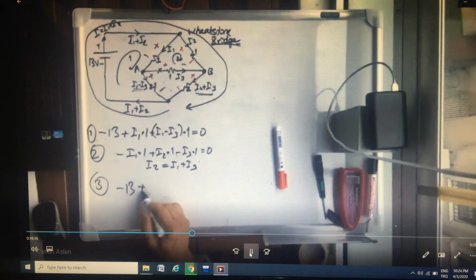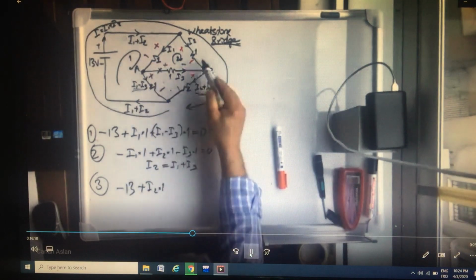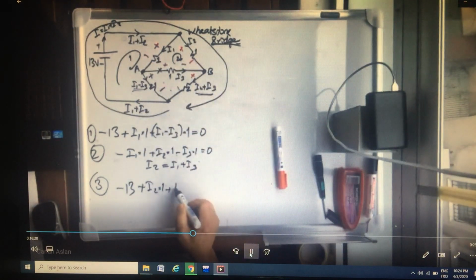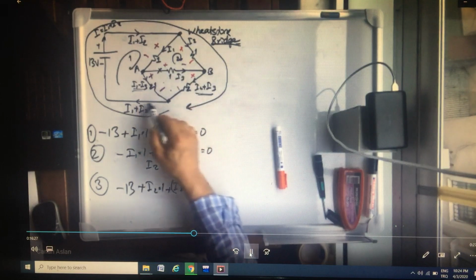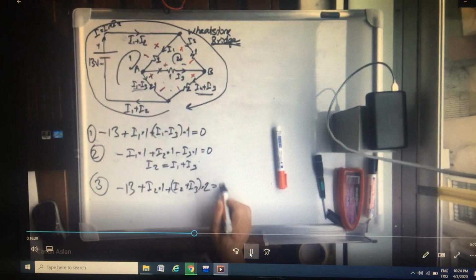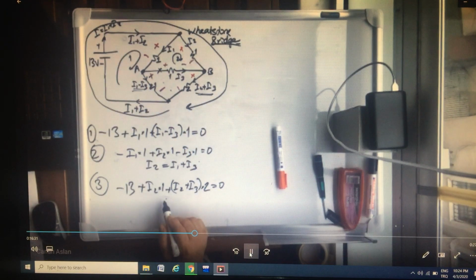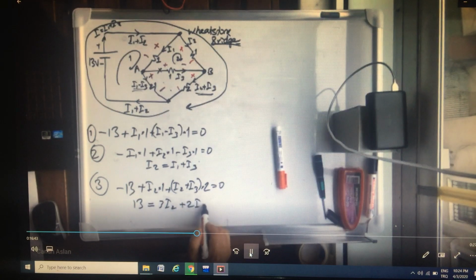I2 times 1 plus I2 times 1, and then plus I2 plus I3 times 2 now, and then there is nothing else, equal to 0. As you see, this is simpler. So from this, I can find 13 is equal to 3I2 plus 2I3. So this third equation turned into this.